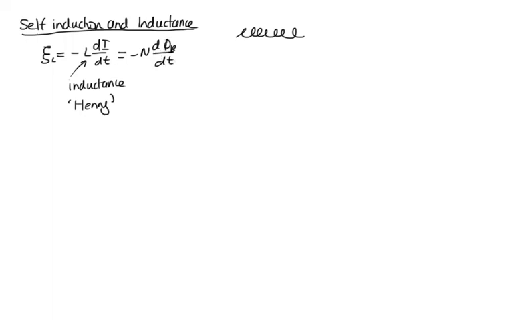So we can solve these two equations together to come up with a formula for inductance. So we've got minus L di is equal to minus n d phi B, and so you can see that Li is going to be equal to n phi B, which tells us that the inductance is equal to n phi B over I.